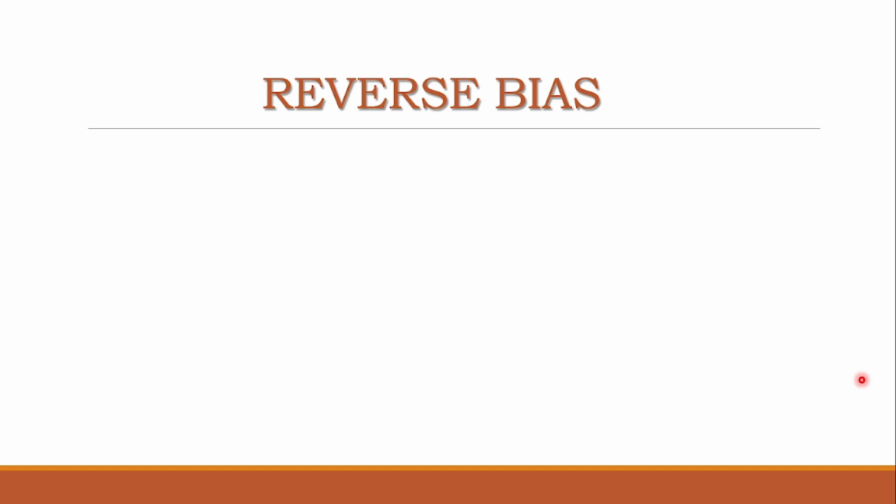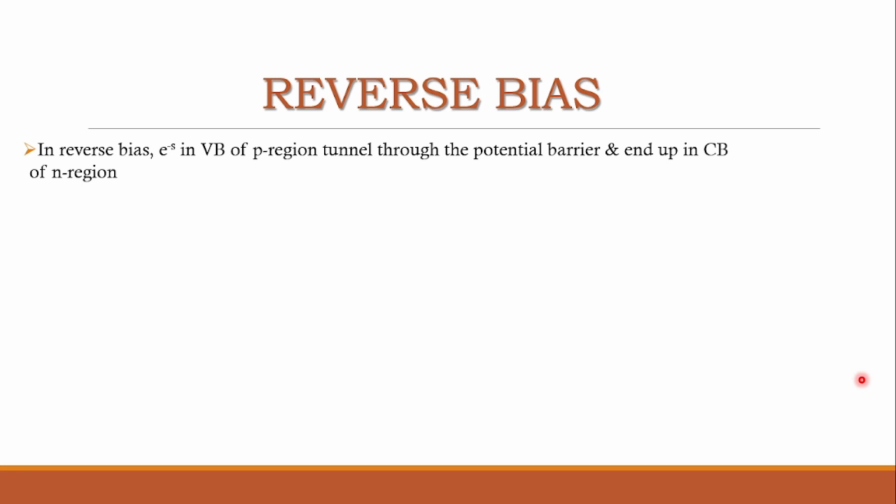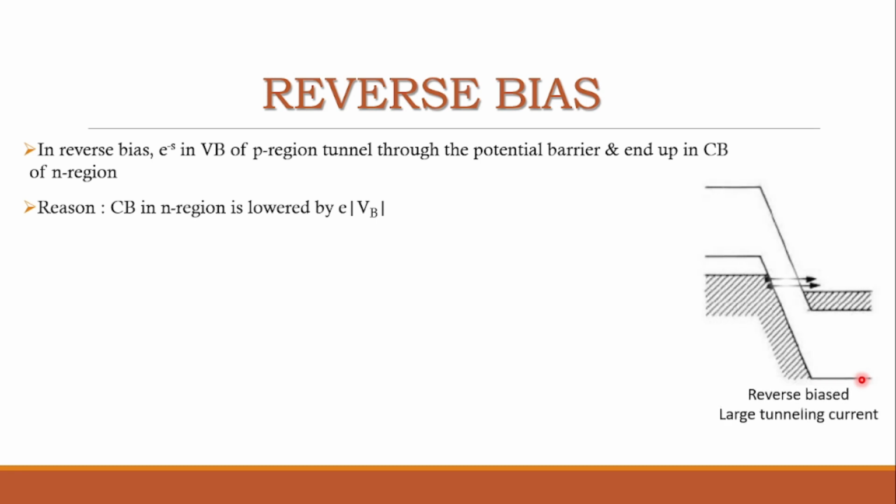When a PN junction which is heavily doped, which means a tunnel diode, is in the reverse bias case, since the conduction band in the N region has been lowered by a value of e times Vb, where Vb is the barrier potential, we say that electrons in the valence band of the P region can tunnel through the potential barrier and finally end up in the conduction band of the N region.